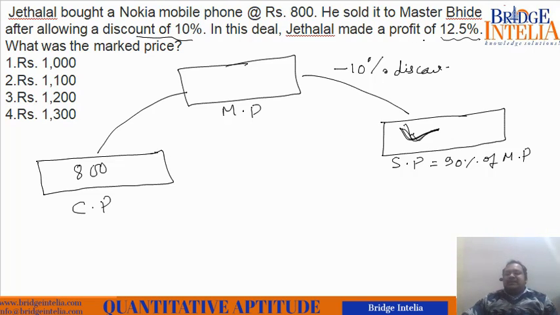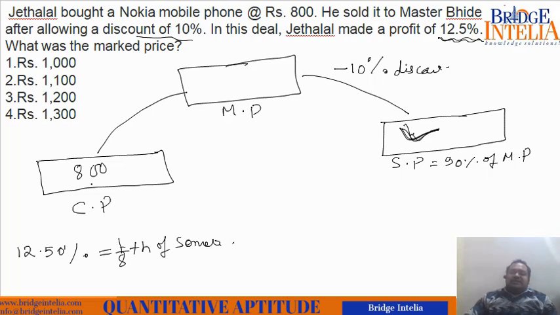What is being said? Jethalal made a profit of 12.5%. So 12.5% is equal to 1/8 of something. Jethalal made profit equal to 1/8 of his investment.